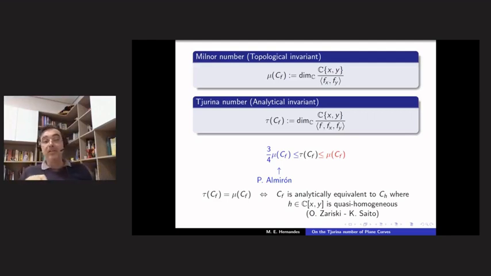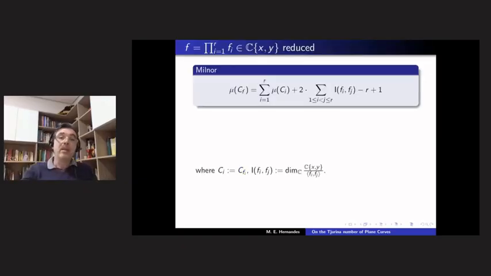But in this talk, we are interested in another aspect of the Tjurina number. Consider a reducible power series given by a product of r irreducible factors Fi.